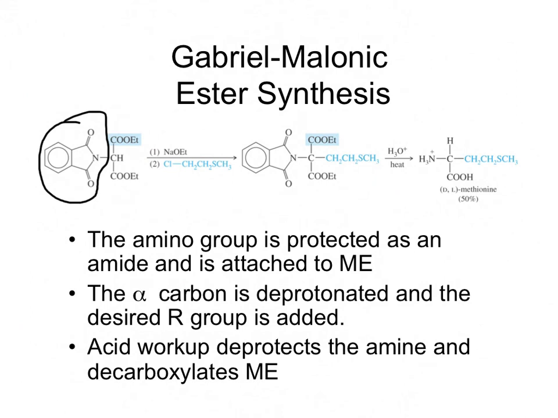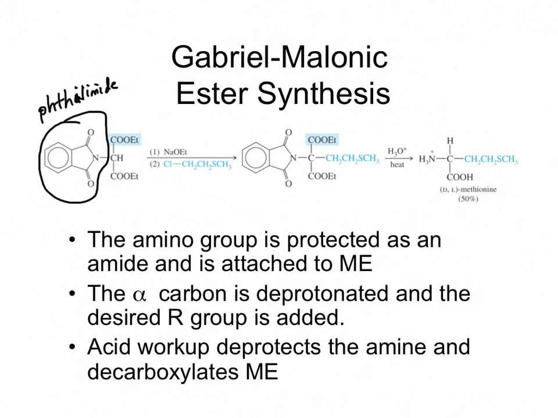So this malonic ester has phthalimide stuck on it. There we go, phthalimide. So it comes with its nitrogen attached. And what we're going to do at the very end is take the protecting group off, and voila, there's an NH2. Okay, that's the trick.